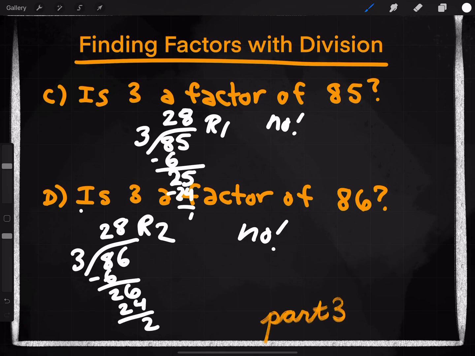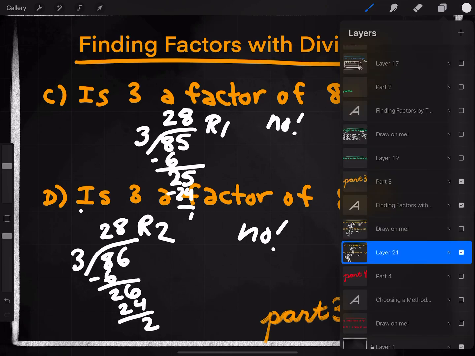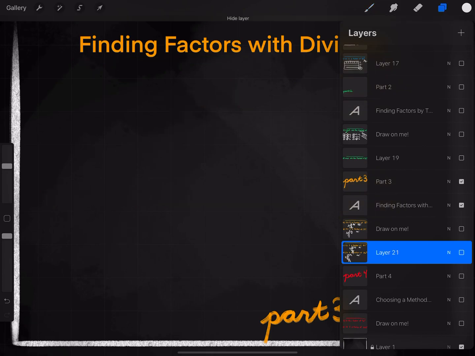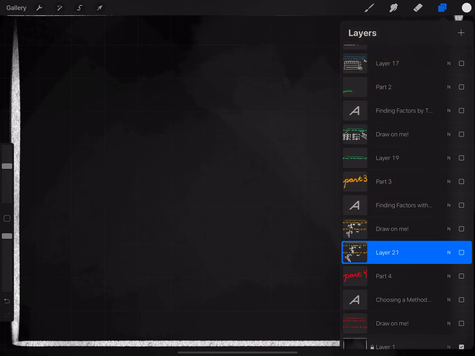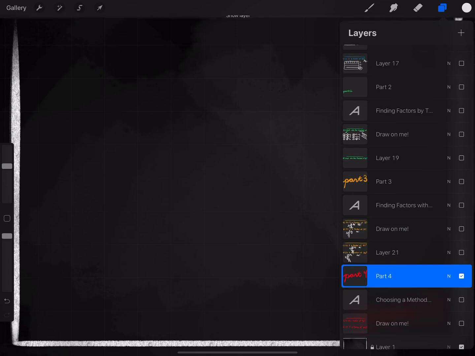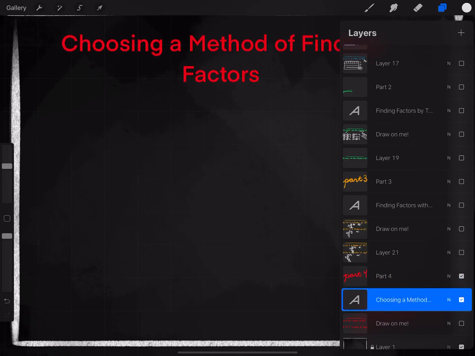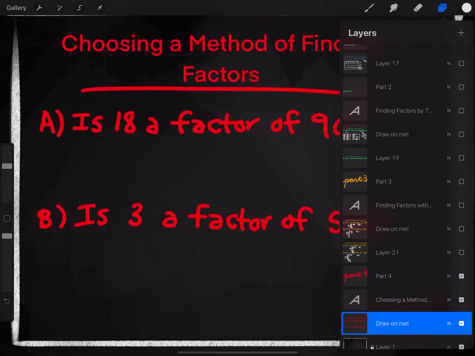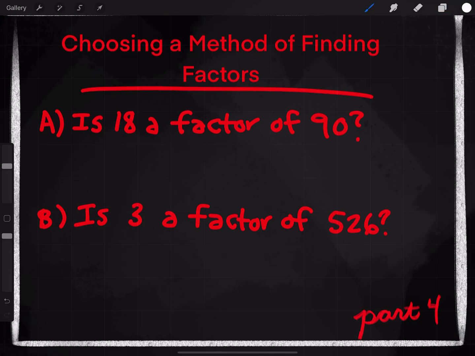All right, so those are our three methods of finding factors, or whether or not something's a factor, I should say. We've got one last part here, which is about choosing a method.